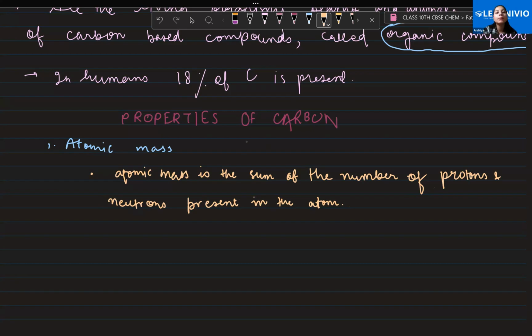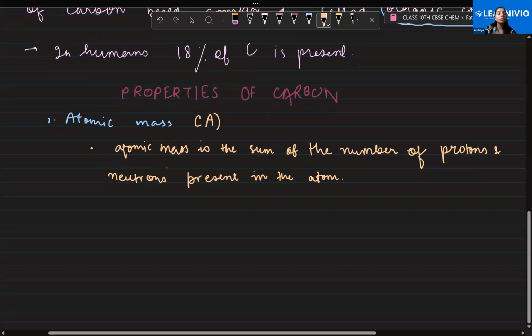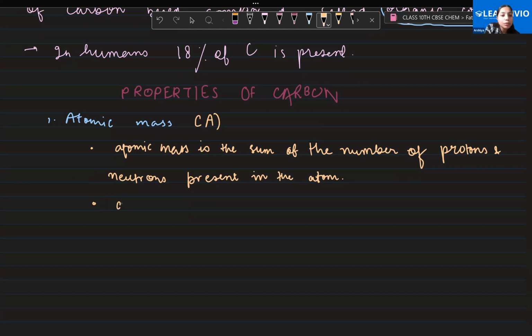Also, the symbol for atomic mass is A. One more thing, the unit for measuring: the unit will be AMU, atomic mass units.